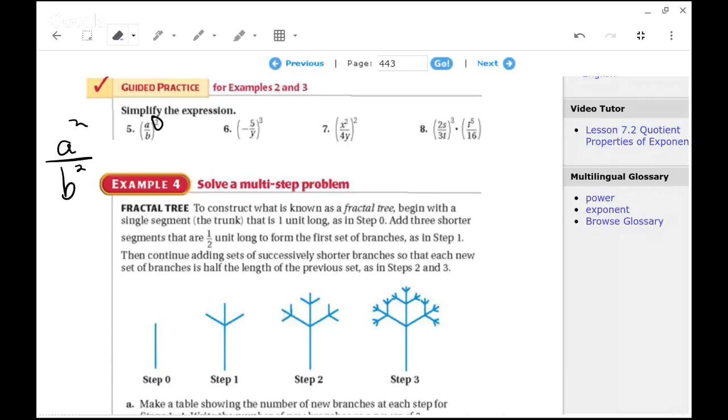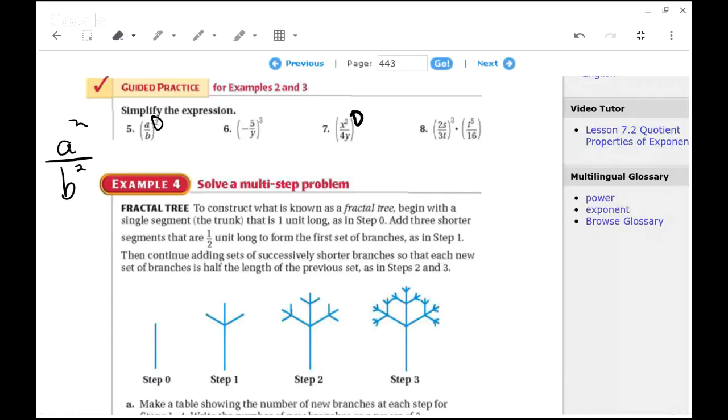Thank you. On number 7, we're starting to stack some of the things that we know. In the numerator, we have a power to the power, and that's from 7.1. So you're going to multiply that. You're distributing the 2 on the outside to everything on the inside.